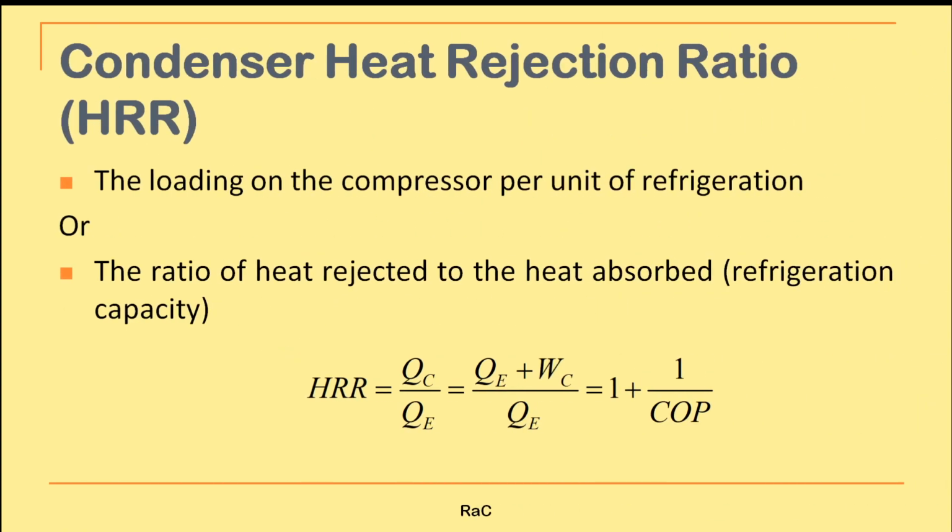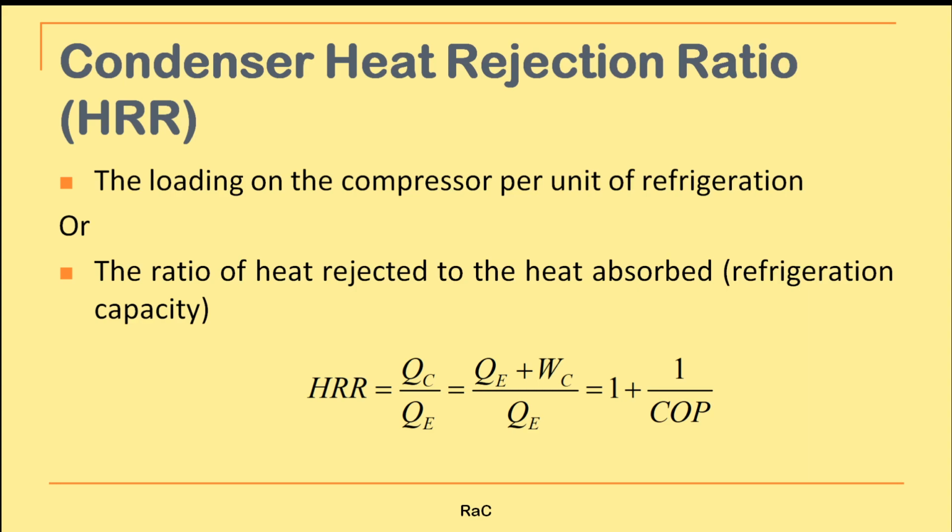Now there is another important terminology associated with condenser heat transfer analysis, known as HRR, the heat rejection ratio. The condenser heat rejection ratio is given by the ratio of heat rejected to the heat absorbed. Also, this is the loading on the compressor per unit of refrigeration. So Qc by Qe.